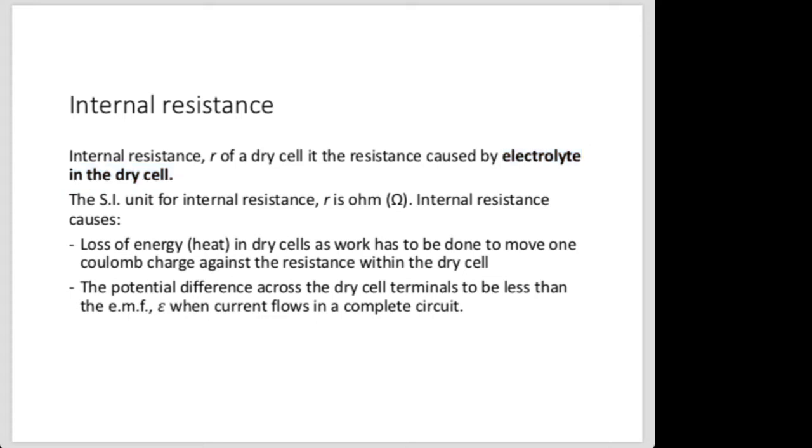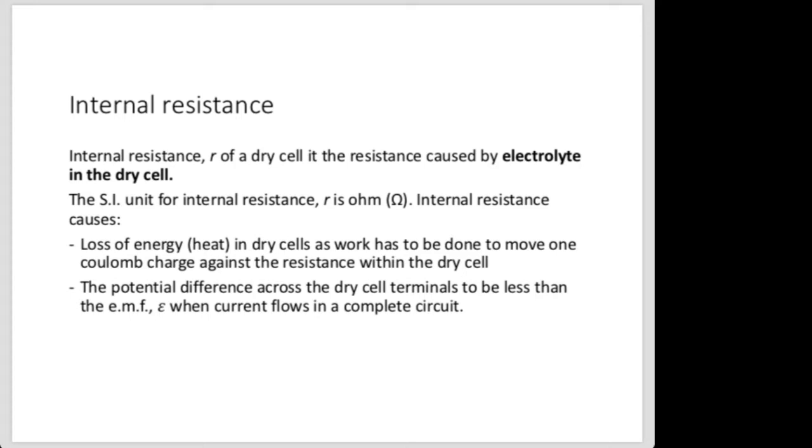So because it's resistance, we are using the same unit as resistance, ohm. So what happens with this internal resistance? So one is we have loss of energy. So some of the energy is converted to heat in dry cells, as work has to be done to move one coulomb of charge against the resistance within the dry cell.